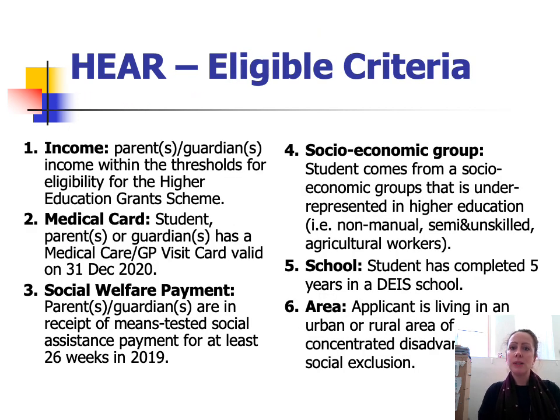Here, eligible criteria, you must meet the number 1 there, and then it's a selection of the other indicators. So income within the thresholds for the higher education grant, and then you have the other indicators there. So you must meet the first one, and then it's a selection of the others.